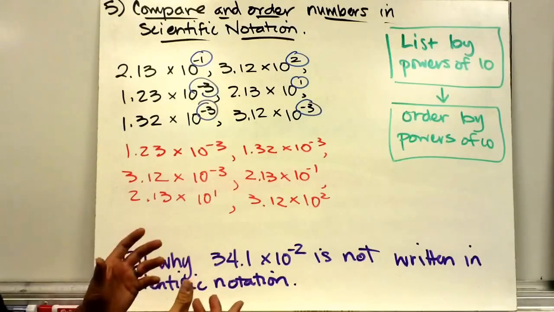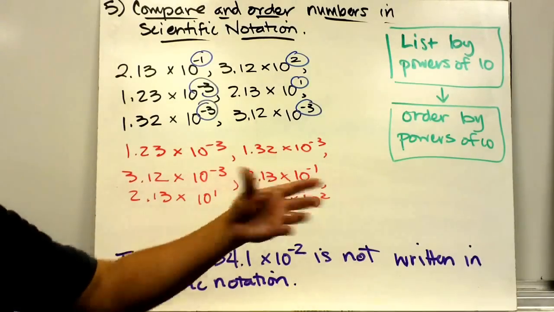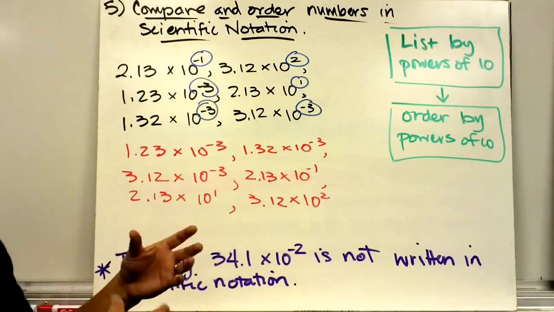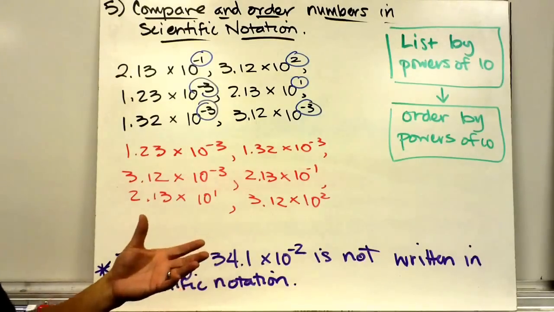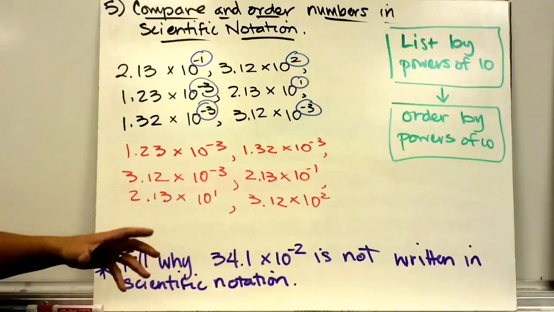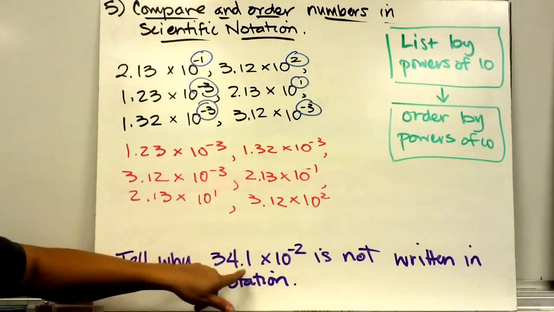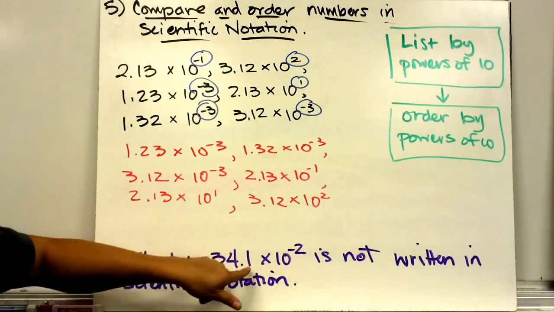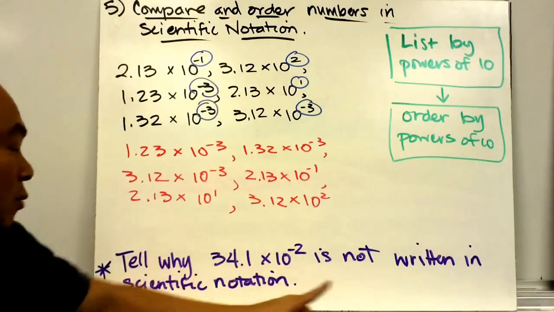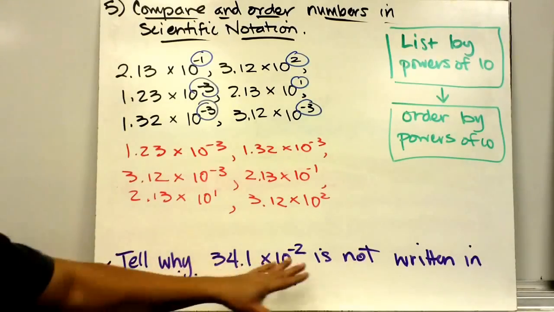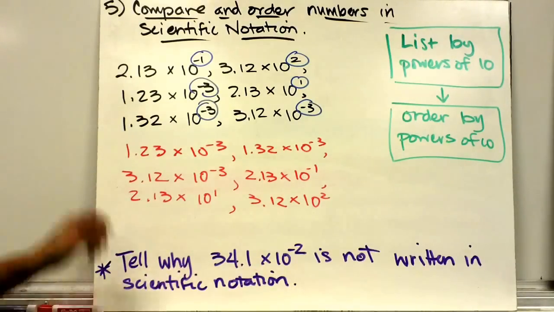Negative exponents are going to be your smaller than 1 numbers, and positive exponents are going to be bigger than 1 numbers. Okay? So, at the end of this, you should be able to tell me why 34.1, 34 and 1/10 times 10 to the negative 2 is not written in scientific notation. Just by looking at this, you know that something is wrong. Okay? Alright.